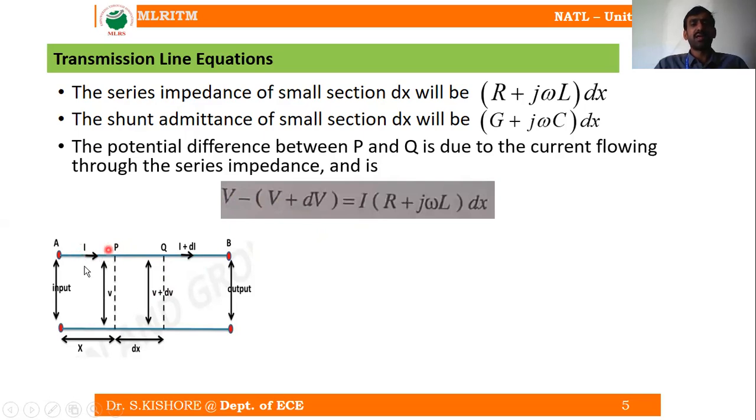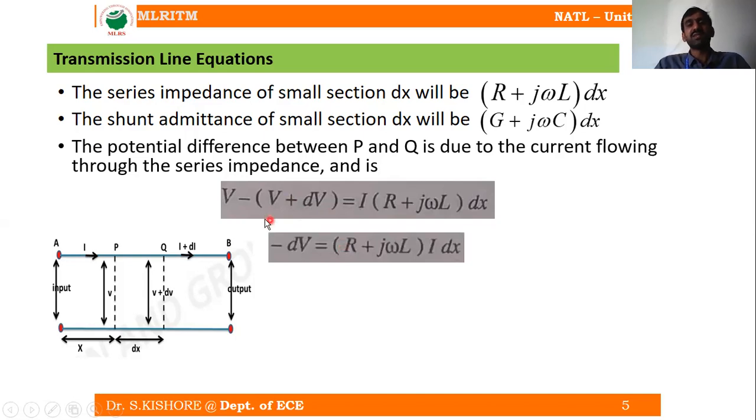The current I into the series impedance. What is the impedance between P and Q? R plus j omega L into dx. So the potential difference can be written as V minus (V plus dV) equals R plus j omega L into I dx.